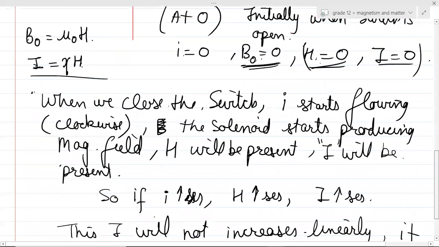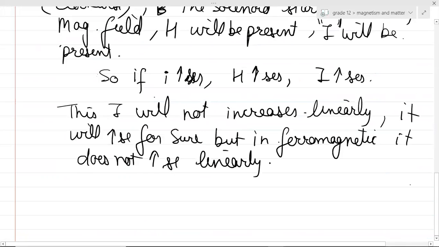See, a ferromagnetic substance has lots of dipoles in it, right? Guys, please listen carefully. Initially, all the dipoles are randomly oriented.